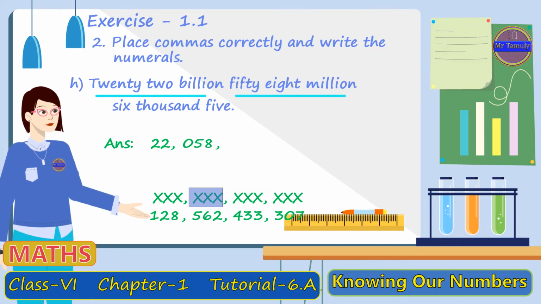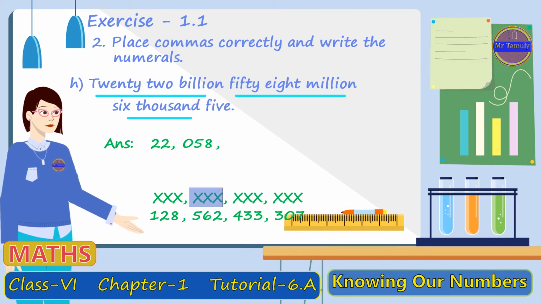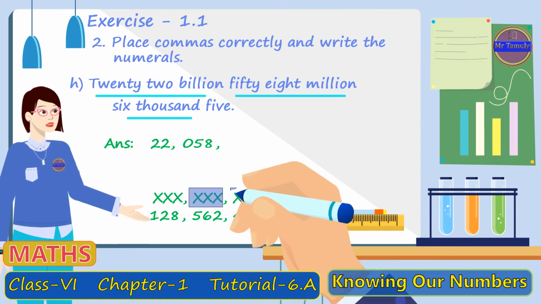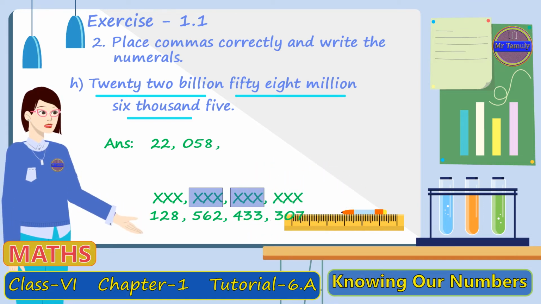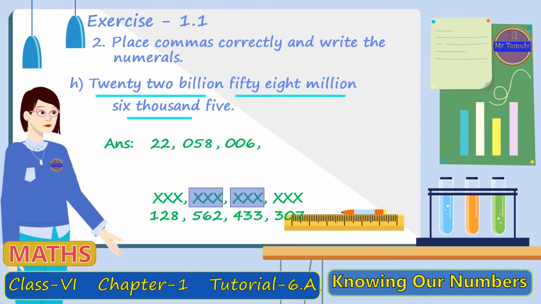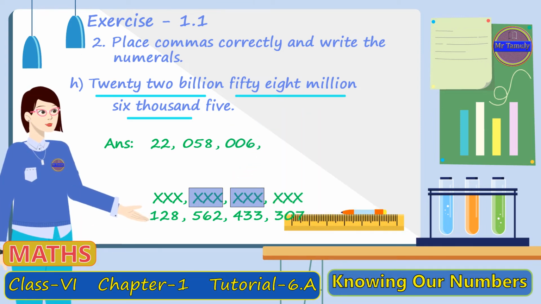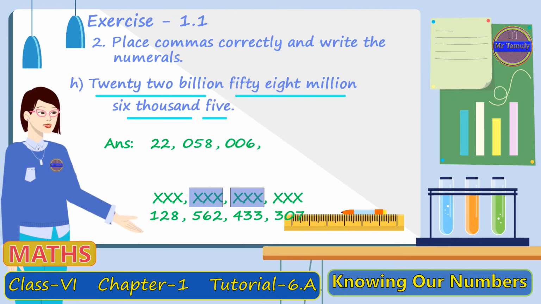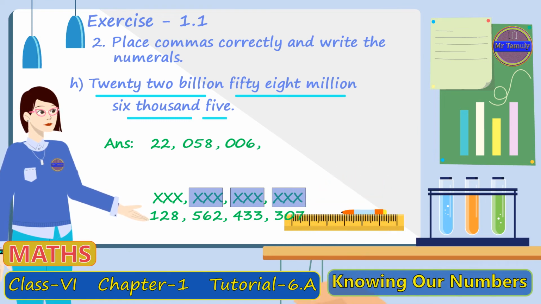Next we have 6,000. Again, after million we are to provide 3 positions for thousand. So for 6,000, we are to write 006. Lastly, we have only 5. But thousand is followed by 3 positions, 100, 10 and 1.